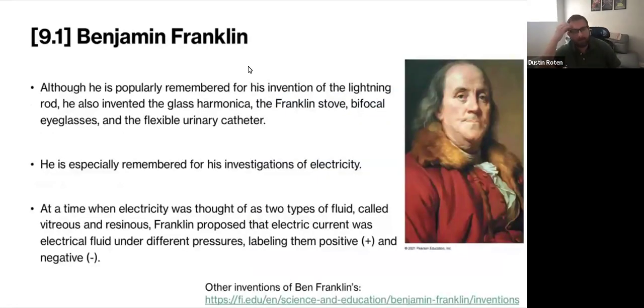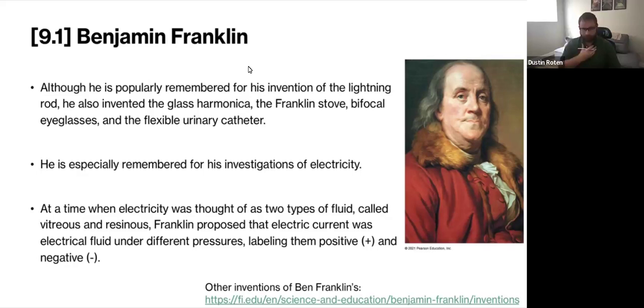So Benjamin Franklin, well, you all know this, he's very popular. He was an inventor of lots of things: the lightning rod, the glass harmonica, the Franklin stove, the bifocal eyeglasses, even the flexible catheter. He's also known to have flown a kite in a thunderstorm.